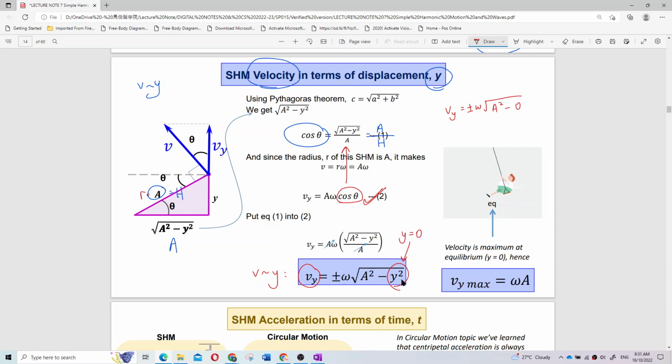So we will get plus or minus a omega. Correct or not? The square root of a square, we get a. So that's the maximum value, a omega.